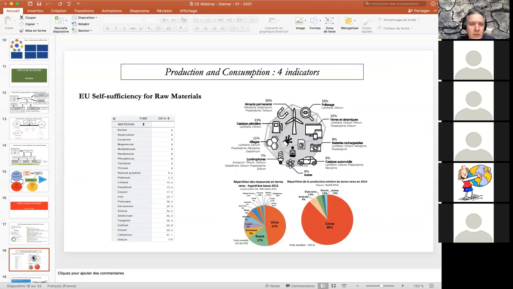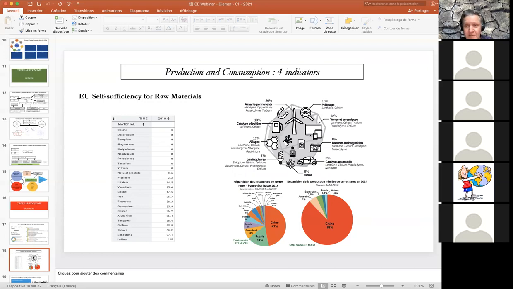If I take the first one, that's production and consumption. We have one called European self-sufficiency for raw materials. The big discussion today is the raw materials we use for new activity, new technology, new energy. And we are talking about dysprosium, europium, magnesium, phosphorus. When you check this, you start to understand that Europe is not sufficient at all on these materials.